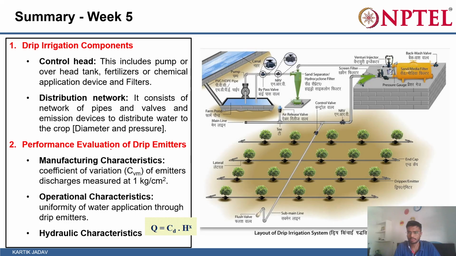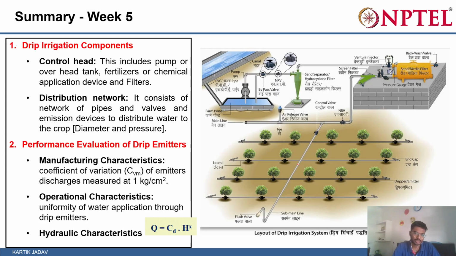Then we have the distribution network. Once the water is filtered, we carry that water to the field level for water requirement satisfaction. First we have a main line, and on the main line we have sub-main laterals. On the laterals we have drip emitters.